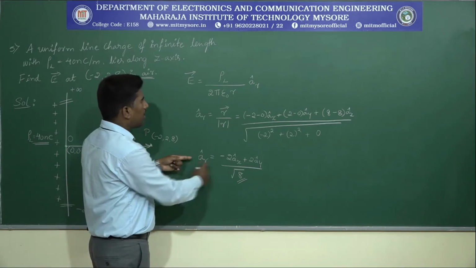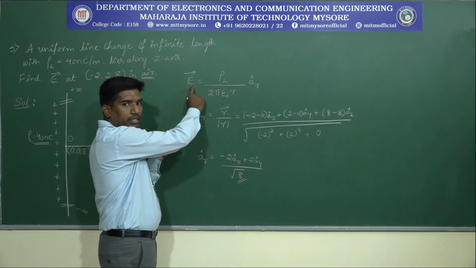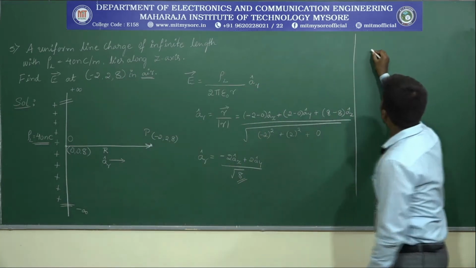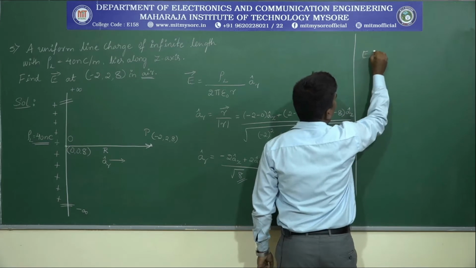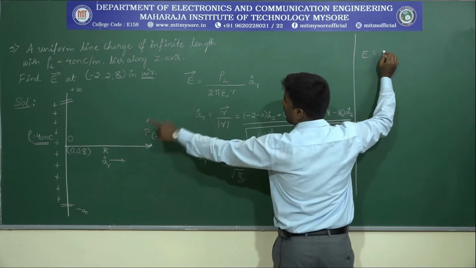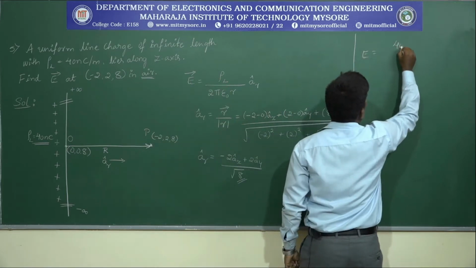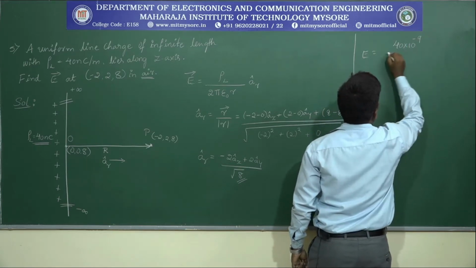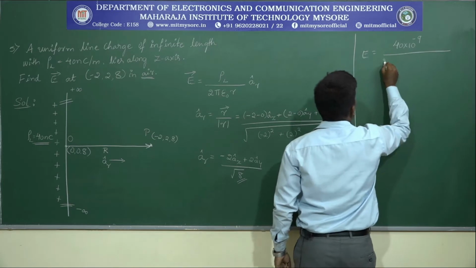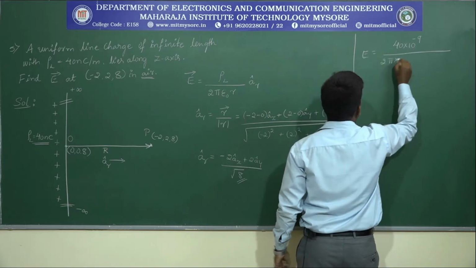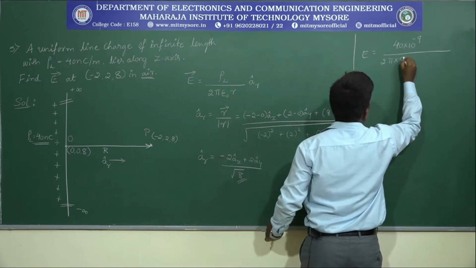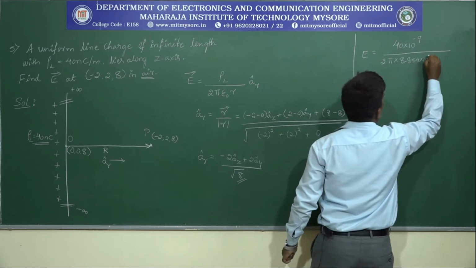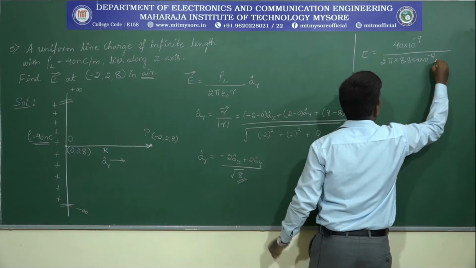Substitute this quantity into the electric field intensity equation. E is equal to rho L, which is 40 into 10 power minus 9, divided by 2 pi into epsilon naught, 8.854 into 10 power minus 12, into r.